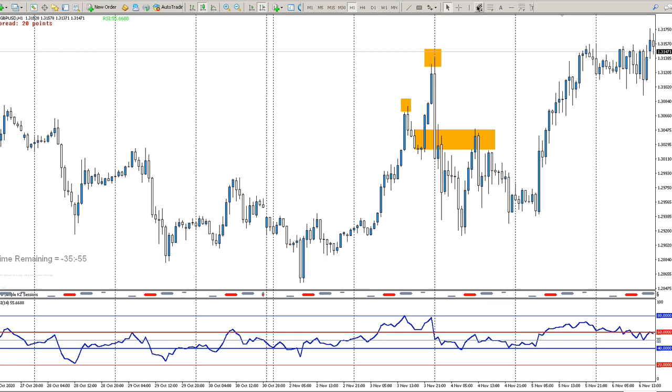Imagine loads and loads of stops above here. Price comes down, breaks the breaker, and now they're in a loss for a buy. Price comes down through the breaker, back into the breaker. They take off their buy losses and add more sells on.